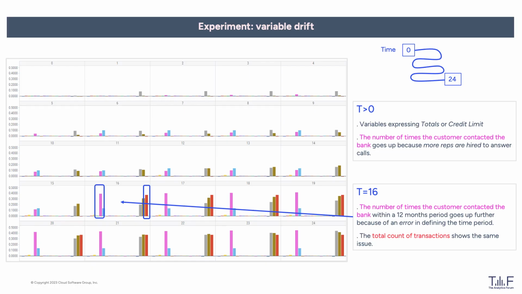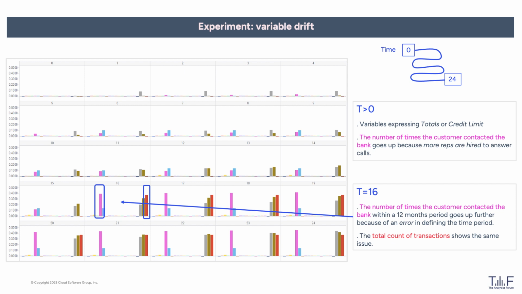So let's start with showing some results for variable drift. Here in this plot, you see the time steps going from 0 on the top left to 24 on the bottom right. Each bar represents a variable, and the height of the bar represents the variable drift, a deviation from baseline.